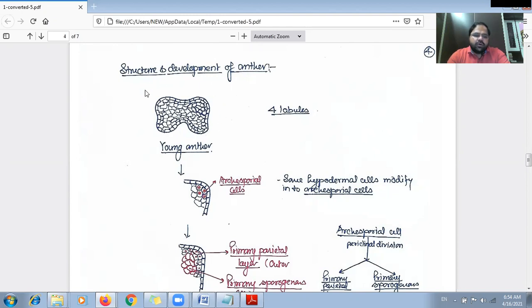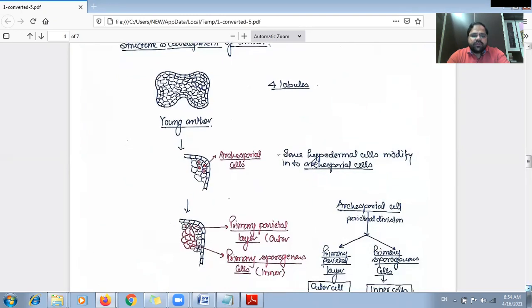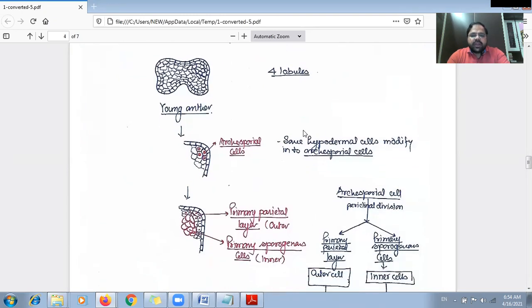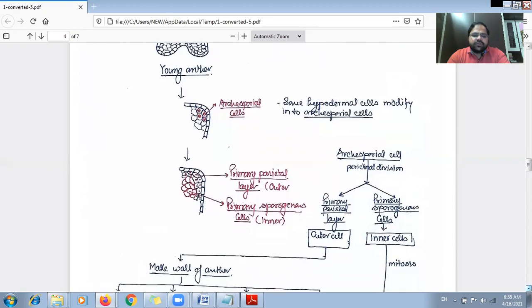All these corners are representing the lobules, and after some time the hypodermal cells of this anther modify into a special kind of cell which is called archisporial cells. These archisporial cells are modified cells as compared to the rest of the cells.